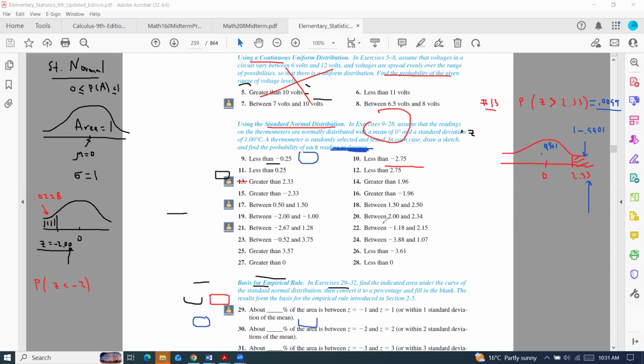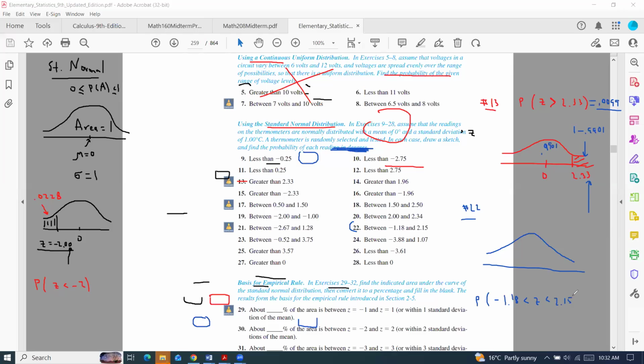Let's say, okay, Alex, what about if they want to find area in between? If they give me 2 values, well, looks like you're gonna need to find 2 areas and then decide what to do with those 2 areas. So if they want you to find the probability, which is area, so from now on, we're gonna have a synonym of area, which is a probability, which is in between negative 1.18 and positive 2.15.